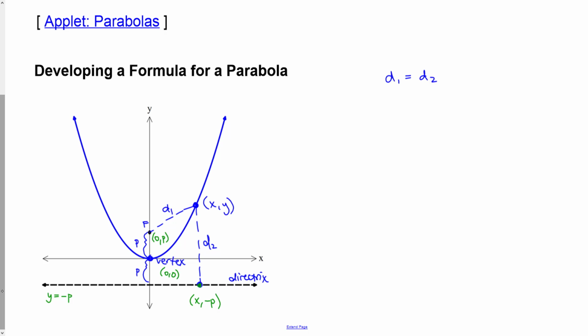So d1 is the distance from the focus point to xy. So I'm going to write that as the square root of x minus 0 quantity squared plus y minus p quantity squared. So the focus is at 0, p. That point on the parabola is xy. I'm just calculating the distance between those two.